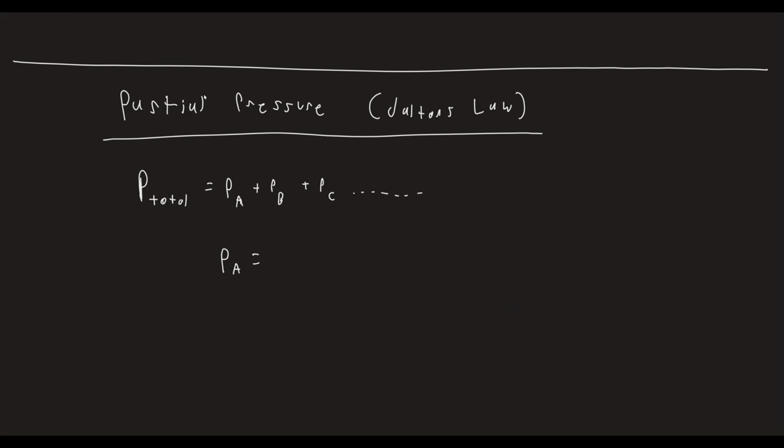PA is equivalent to XA multiplied by P total. So XA is what is known as our mole fraction. These values right here are known as our partial pressures.